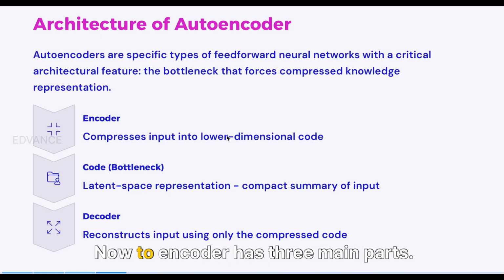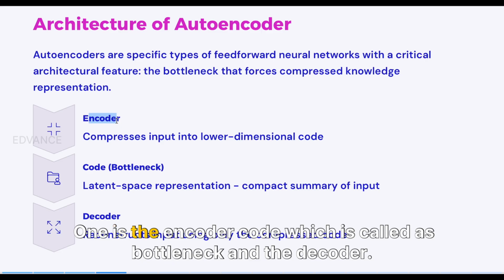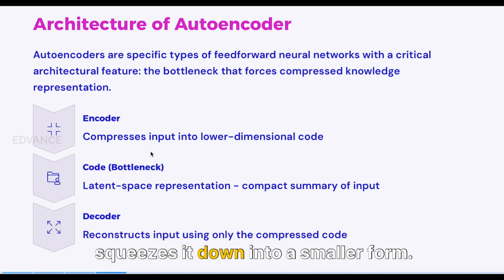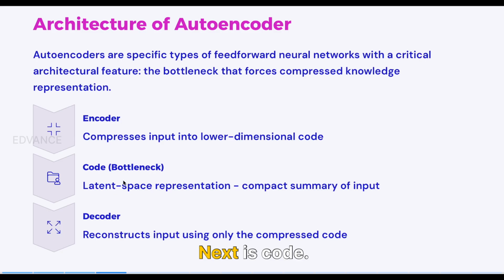An autoencoder has three main parts: the encoder, the code, which is called the bottleneck, and the decoder. The encoder is like a compressor. It takes the original input, say an image or text, and squeezes it down into a smaller form. Next is the code.